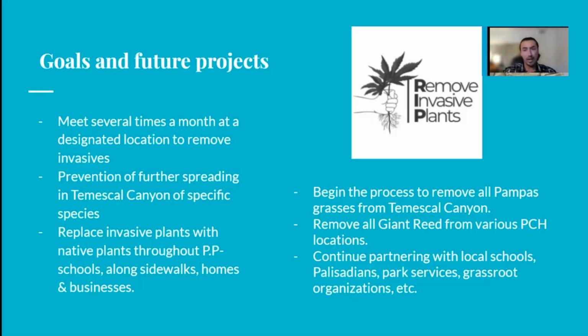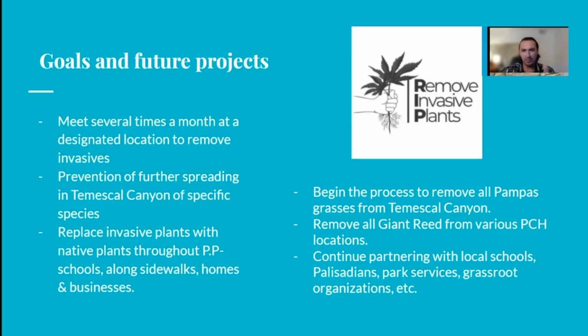That'll be everywhere, not just our parklands, but throughout the Pacific Palisades, whether that be in the school landscaping, along sidewalks, medians, right of ways, your homes, your home landscape. We hope you go primarily, if not entirely, native plants, and then of course businesses.